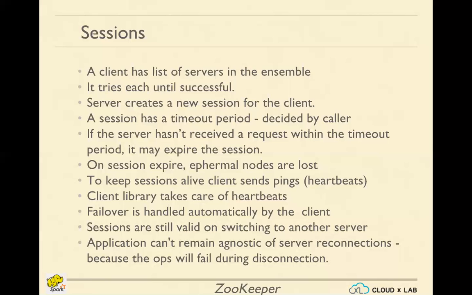If the server has not received a request within the timeout period, it may expire the session. In very simple words, the client keeps on sending heartbeats to the server continuously. If the heartbeat is not received by the server for some time, it would expire the session.